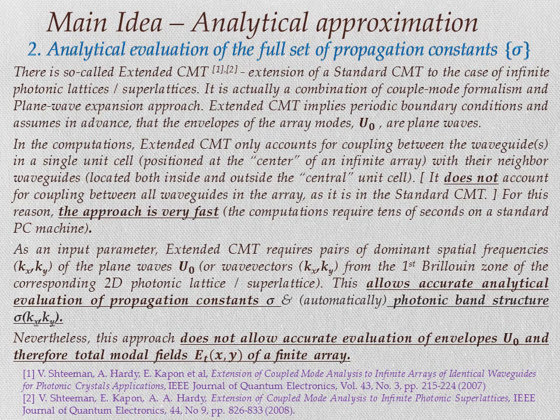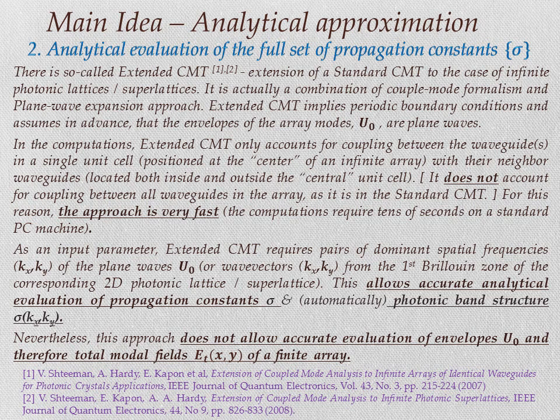As an input parameter, extended coupled mode theory requires pairs of dominant spatial frequencies kx, ky of the plane waves U0, or wave vectors kx, ky from the first Brillouin zone of the corresponding 2D photonic lattice or superlattice.